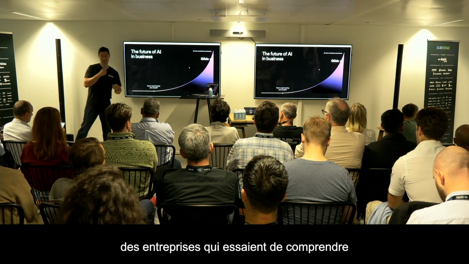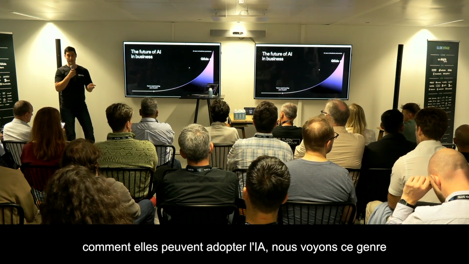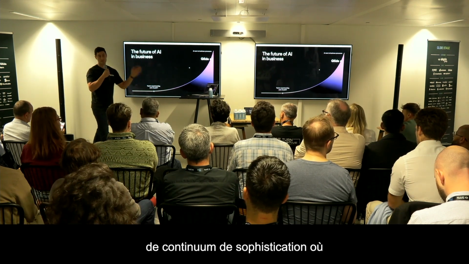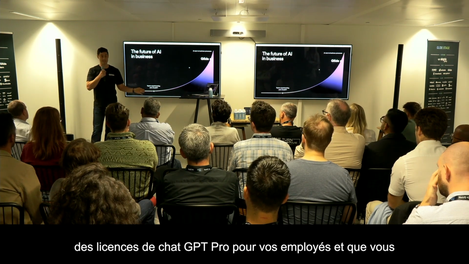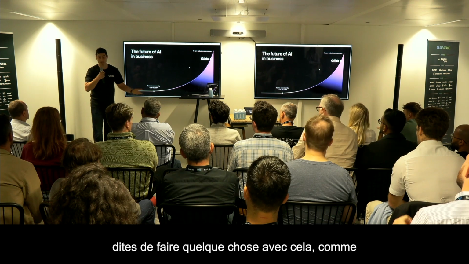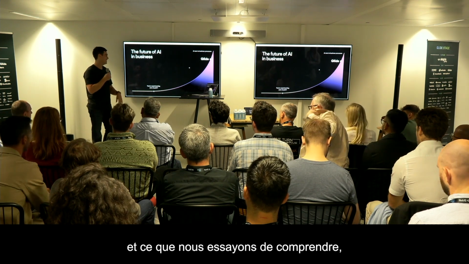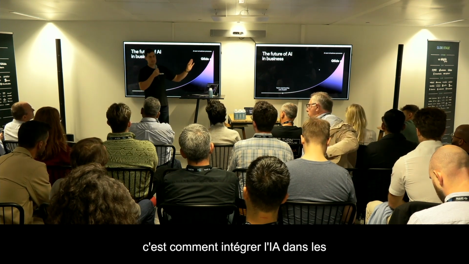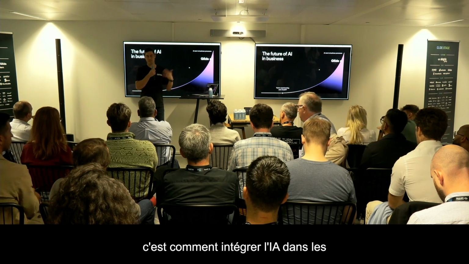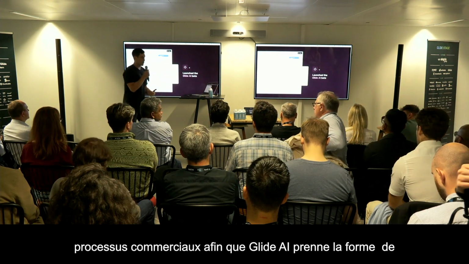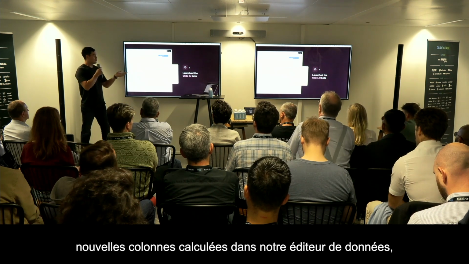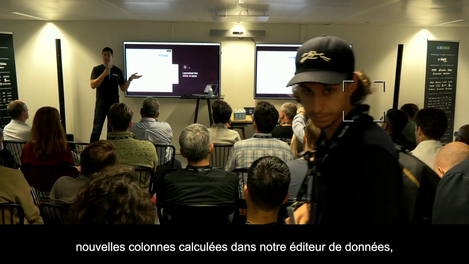And when we talk to businesses who are trying to figure out how they can adopt AI, we see this sort of continuum of sophistication, where at the low end, maybe you're buying ChatGPT Pro licenses for your employees and saying, do something with this, figure this out. And what we're trying to figure out is, how do we get AI into business processes? So Glide AI takes the form of new computed columns in our data editor.